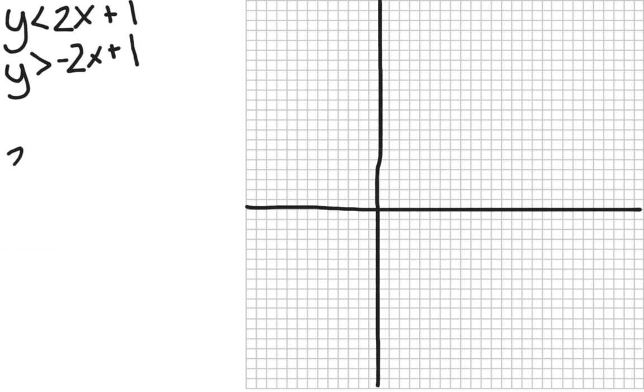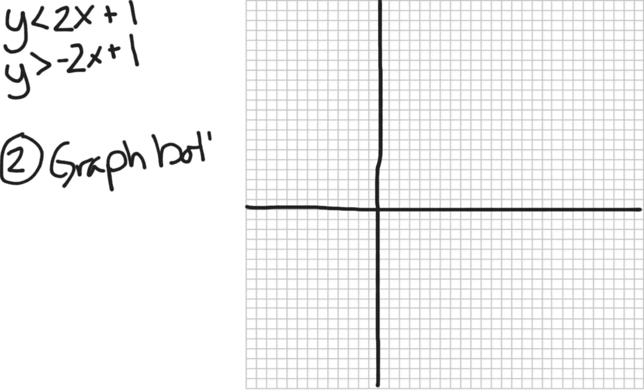My second step is to graph both inequalities. And I'm going to graph those using the same steps that I would graph a single inequality. So all the rules that we've talked about for the last 2 days still apply.